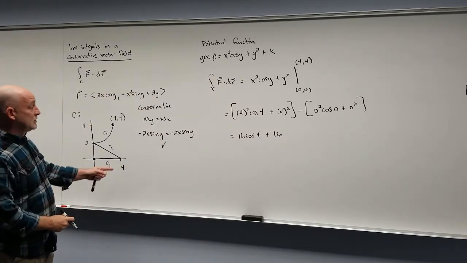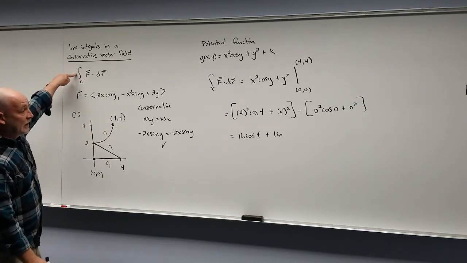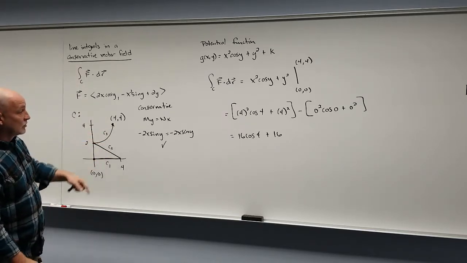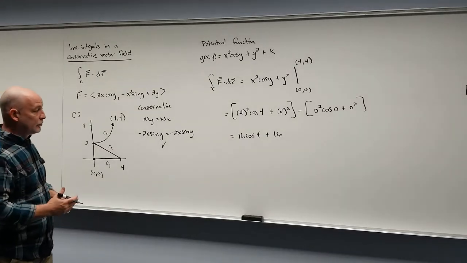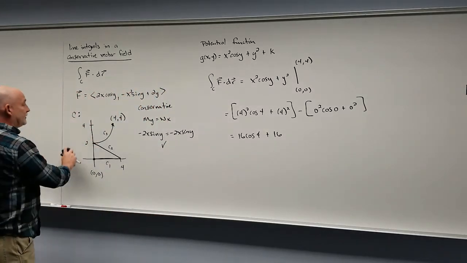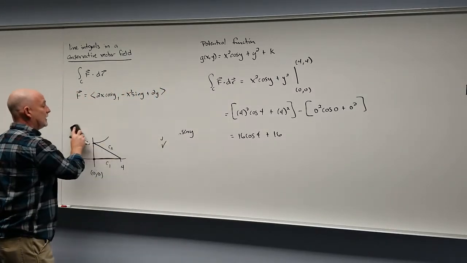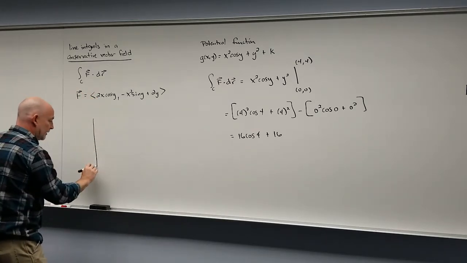Now notice how much easier that was than trying to parameterize each one of these curves and doing f dot dr on every single curve. Now, also what that means, one of the most important results from this, is you're doing this integral of f dot dr, and f is conservative. Hold on, draw my picture back.